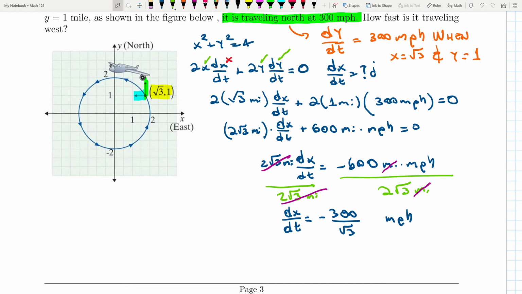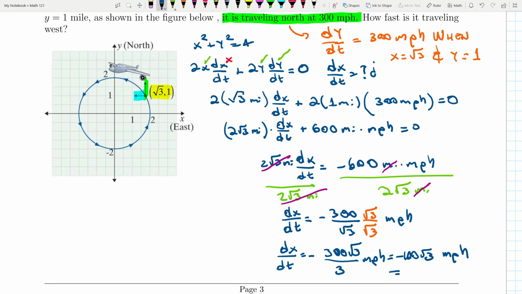And well, you might want to rationalize this number, because you might recall that we don't like radicals in the denominator. That's dx/dt equals negative 300 root of 3 over square root of 3 times itself, which is 3, miles per hour, which is negative 100 root of 3 miles per hour.